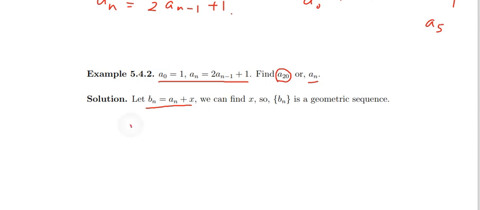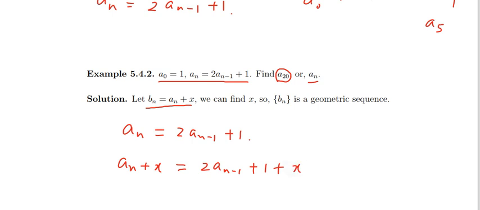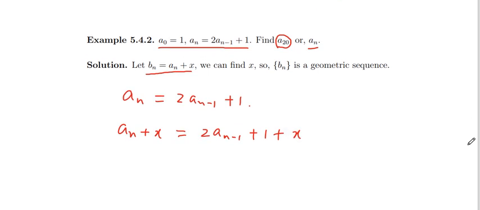We change this to a_(n minus 1) plus 1, so we add x on both sides. So a_n plus x equals 2a_(n minus 1) plus 1 plus x. Our idea is to regard this as b_n.